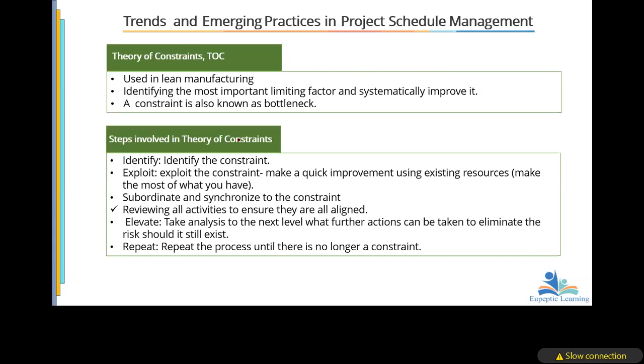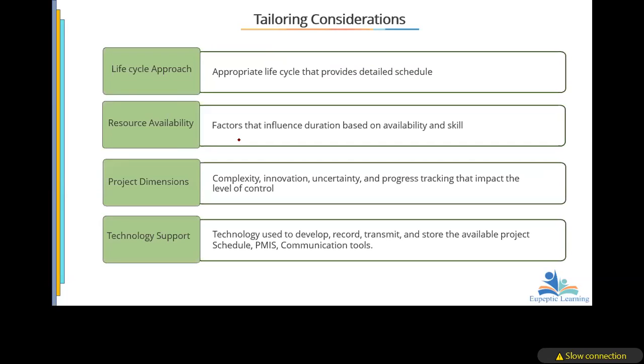Okay. Now, tailoring considerations. What are the considerations that you need to make to tailor your project? What life cycle approach? Depends on the project, depends on the environment, depends on your industry. Resource availability. What are the factors that influence the duration based on the availability and the skill? A highly skilled person may not be available, but the person you have here is not skilled.